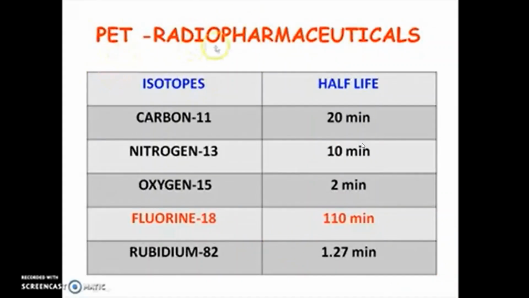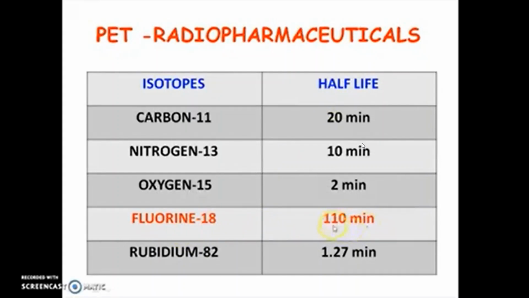The common PET radiopharmaceuticals used in nuclear medicine are fluorine 18, of course carbon 11, nitrogen 13, oxygen 15, rubidium 82. But in PET imaging, what we use at present is fluorine 18. The advantage of this isotope is that its half-life is very short, 110 minutes only.